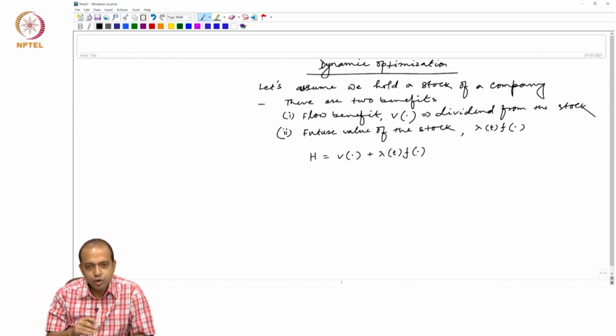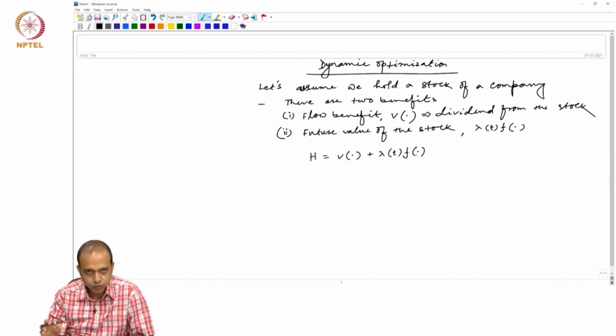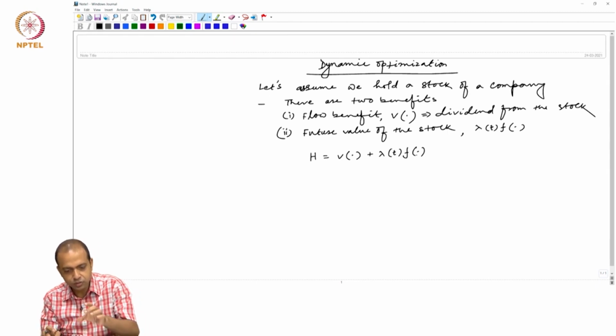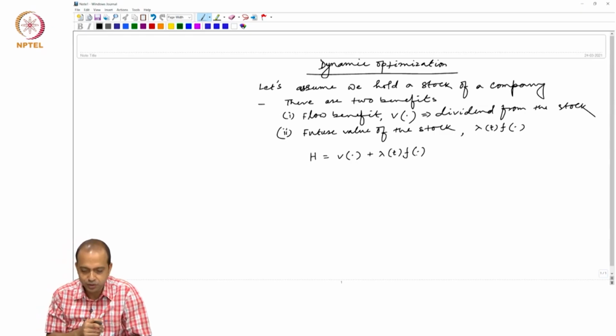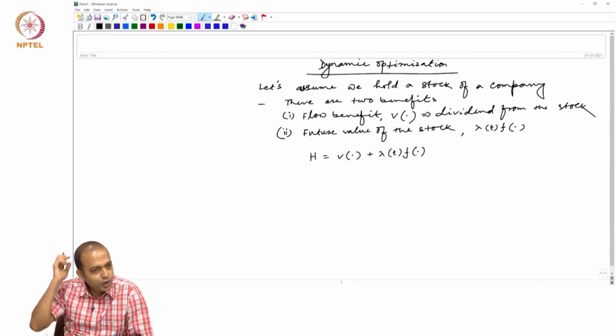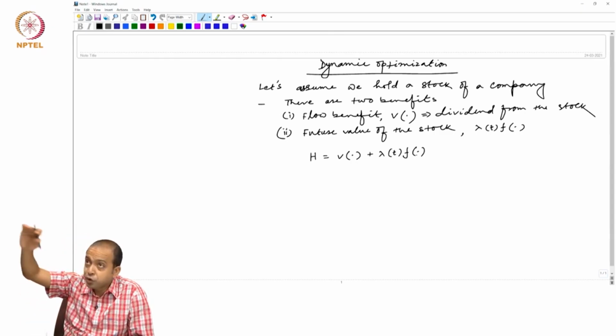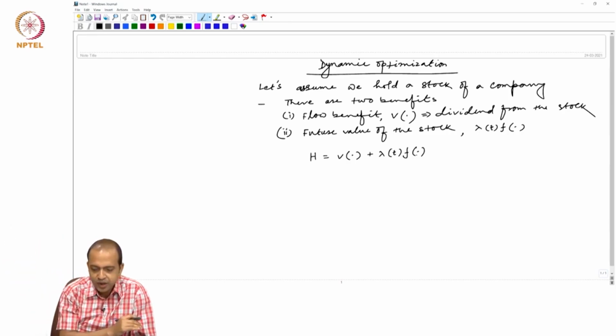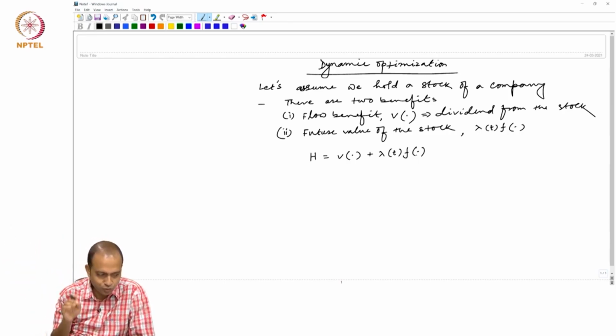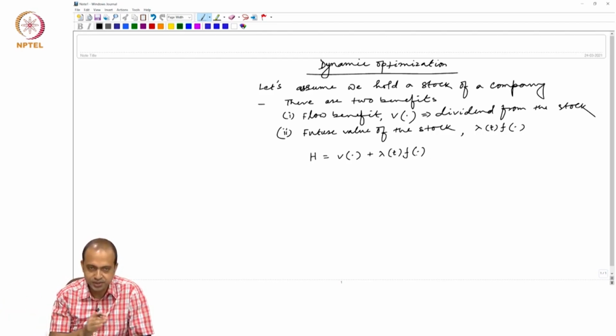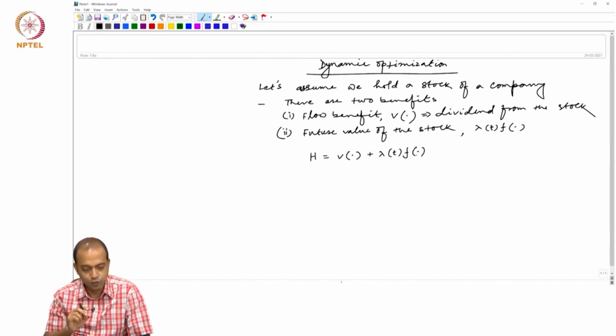Suppose I want to convert this flow benefit into stock value, meaning at one point of time what would be the benefit. If we want to convert a stream of benefit to present time, then we need to multiply this function with e to the power minus r t. That means a stream has to be discounted to get the present value of the flow benefit.